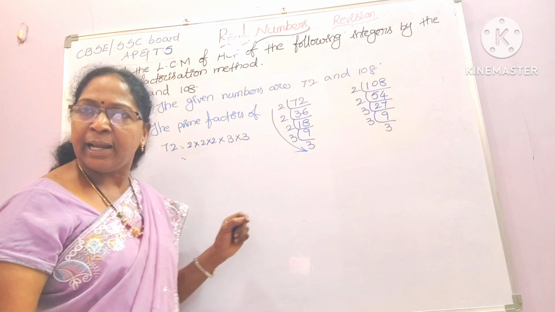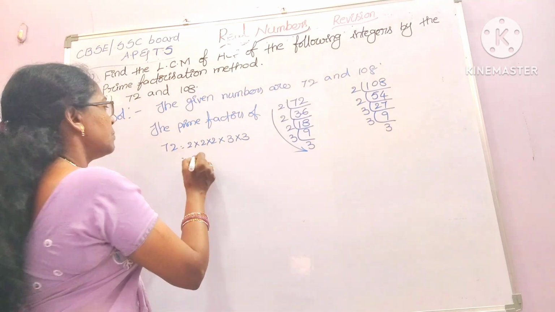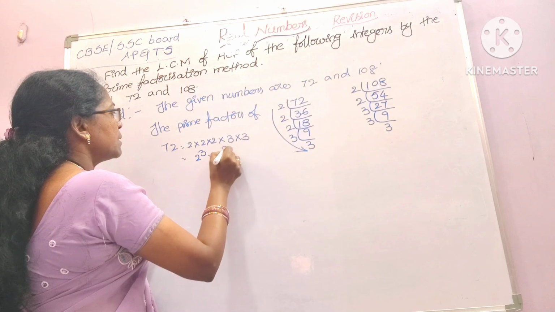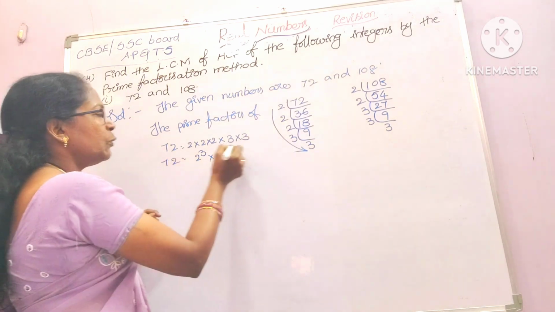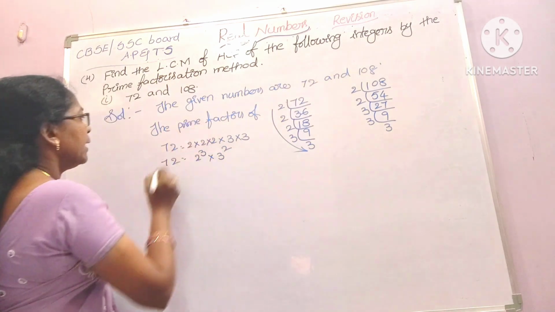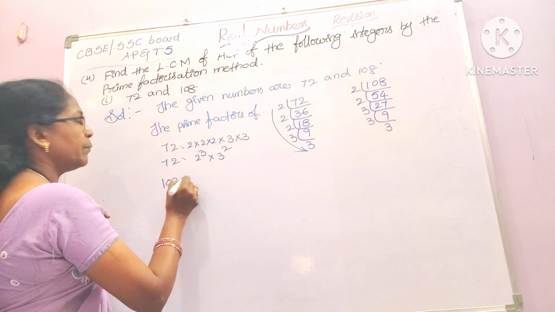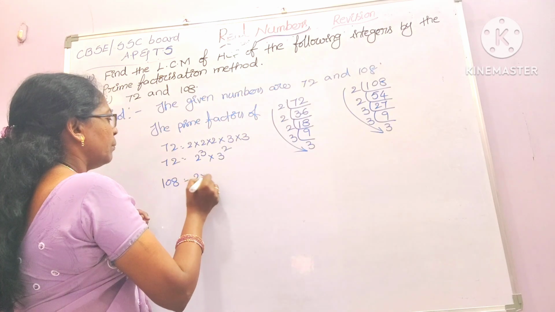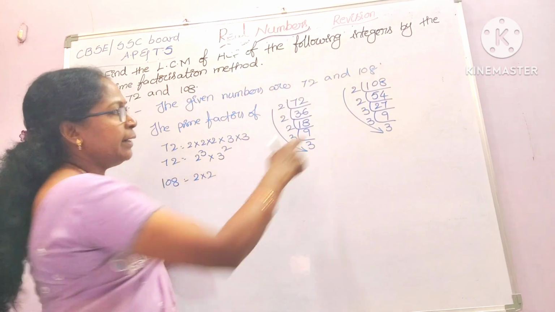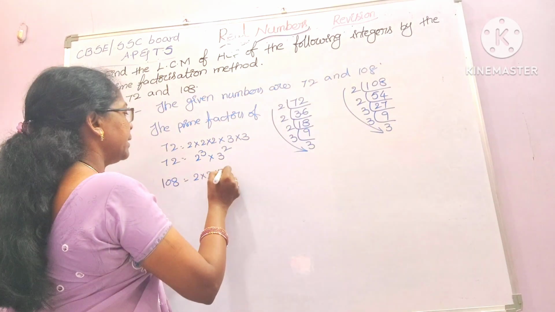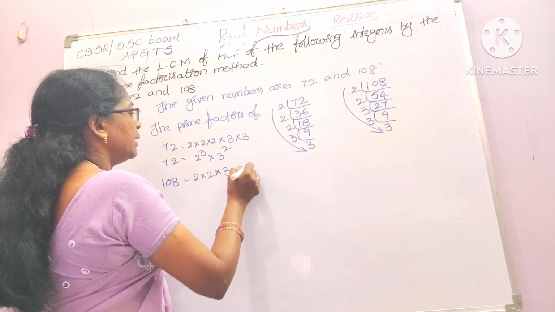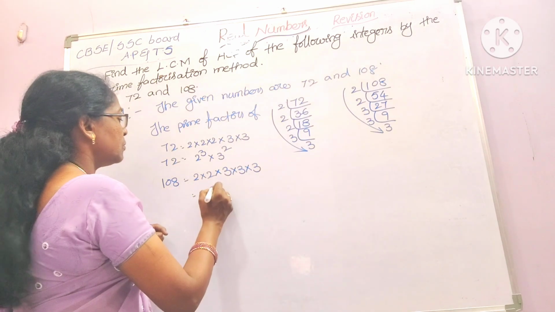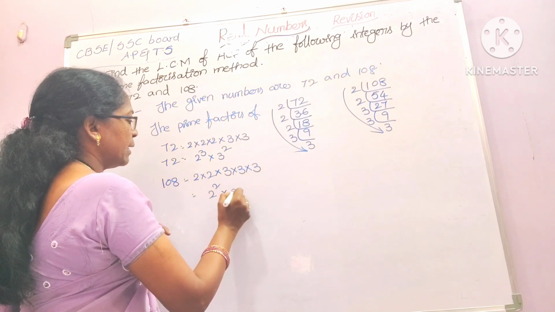This can be written as 2 cube into 3 square, where 72 equals 2 cube into 3 square. Again like that, 108 equals, what are those here? 2 is multiplied by itself 2 times, right? Next, 3 is multiplied 3 times, that equals 2 square into 3 cube.